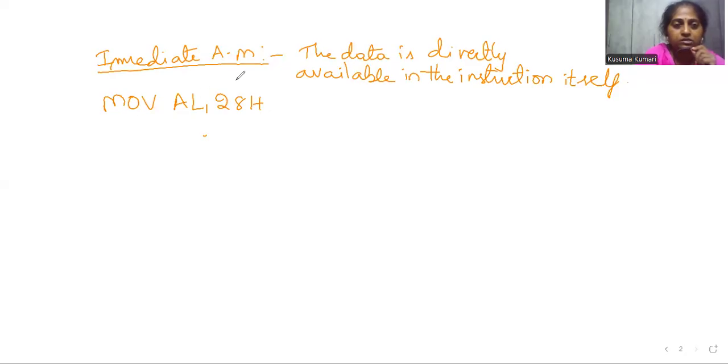Here this is the source and this is the destination. This is the source position and this is the destination position. Always between the source and destination, the comma should be mentioned. And the data is represented in hexadecimal form.